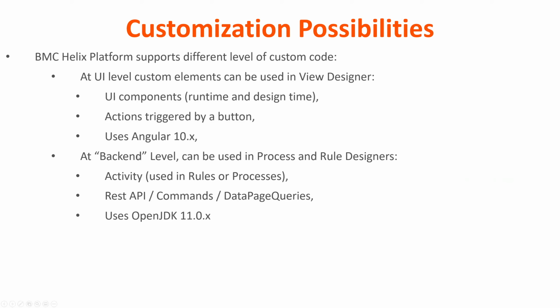And then at backend level, you can create a couple of objects. We saw the Twilio activity, so you can use it in rules and processes. But you can also create your custom REST API, which can be pretty useful. For example, instead of using one big REST API where you can do everything, like Remedy on HPD helpdesk, where you can create data and query data, you might want to focus on something really specific.